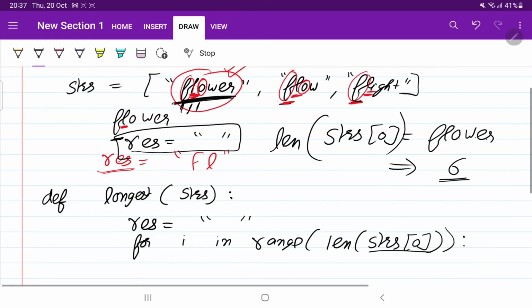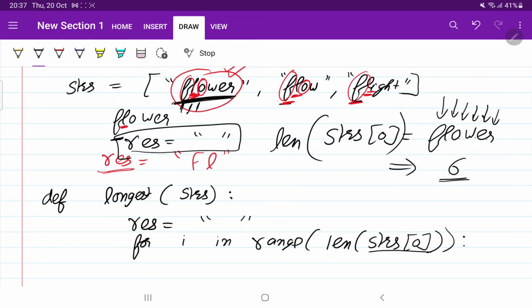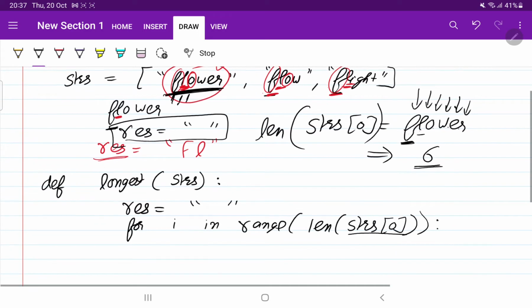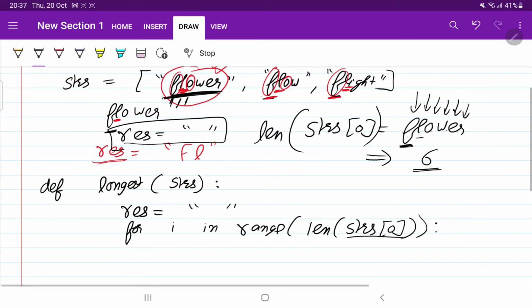So we are going to traverse the for loop through all the characters. First of all we will pick the F. So we have written a for loop, we have selected the first word, now we will start this for loop. Then we will compare through all the words in the list.